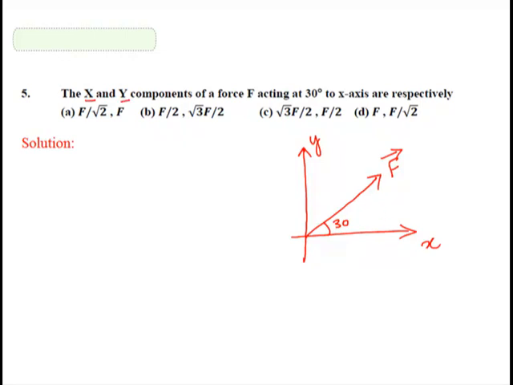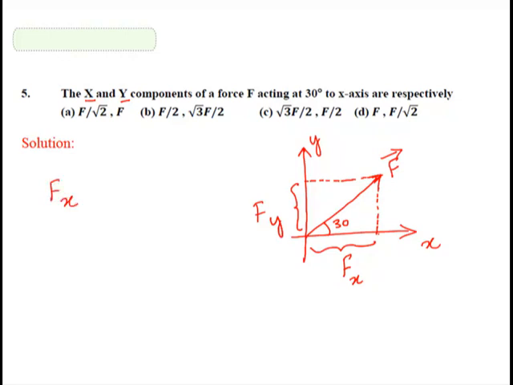How do you find out the x component? You have to drop a perpendicular from the end point of F to the x axis. So this is your x component. Let's write it as Fx. Drop a perpendicular from that vector onto the y axis. That's your y component. So what is Fx and Fy?